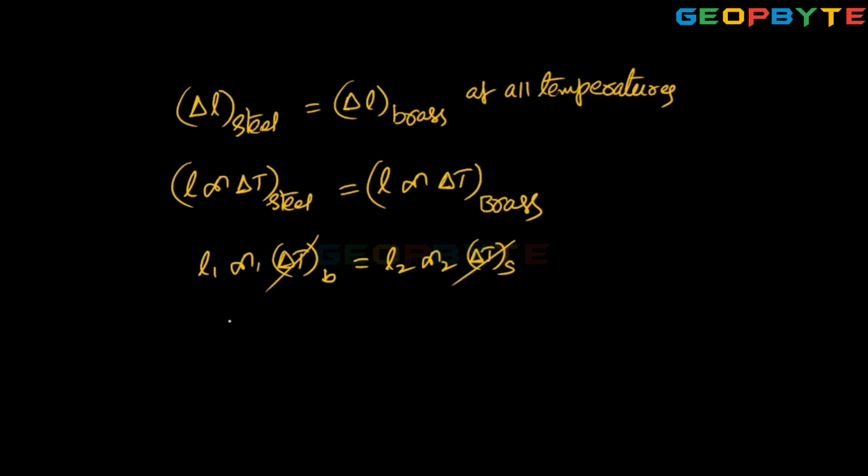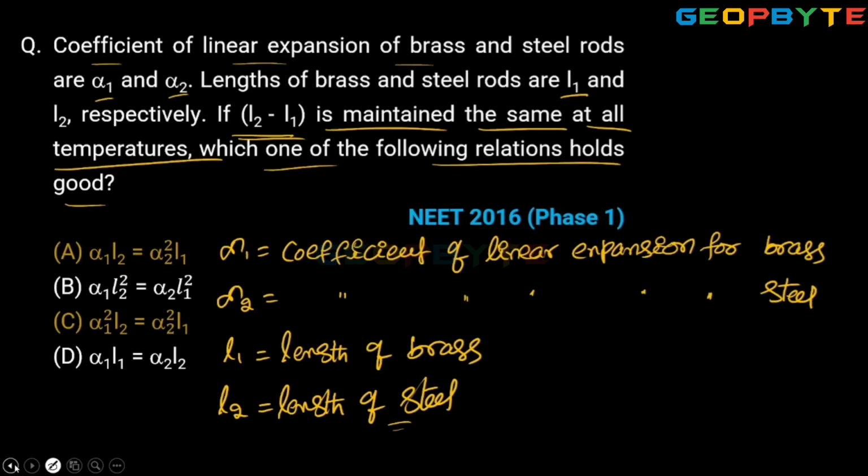But delta T for steel equals delta T for brass. Then L1 alpha 1 equals L2 alpha 2. That is the condition. Option D is absolutely correct.